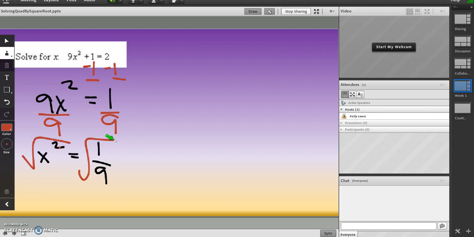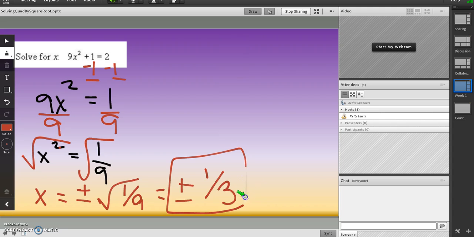When we take the square root, we always do plus minus. Square root of 1 over 9, but we need to see if we can simplify that. The square root of 1 is 1, and the square root of 9 is 3. So we really have plus 1/3 and negative 1/3 as our answer. And so if we plug it in here, it's going to work.